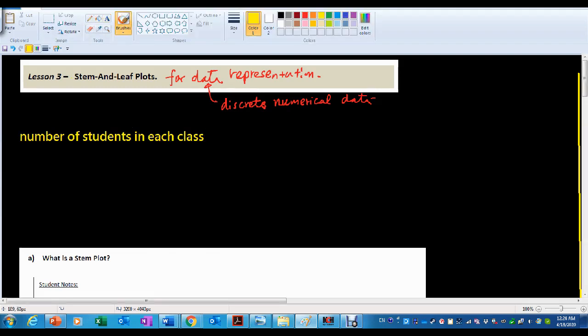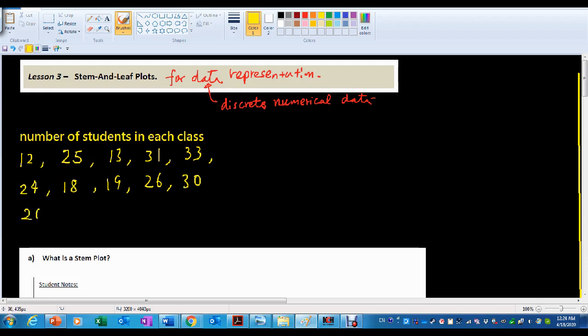For example, I got numbers like 12, 25, 13, 31, 33, also I got 24, 18, 19, 26, 30 and 20. So that's 11 data. Data representation means how could we group the data together to make it easier to read. So how could we represent the data?